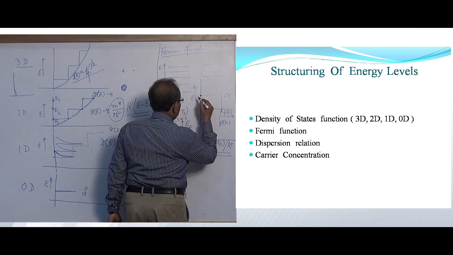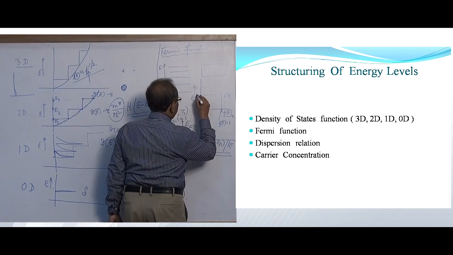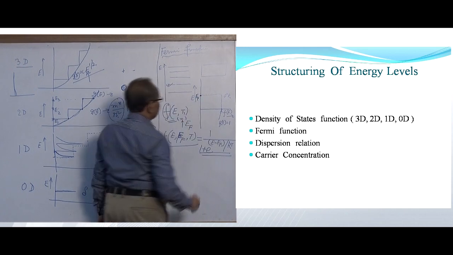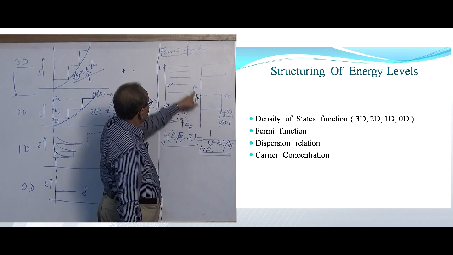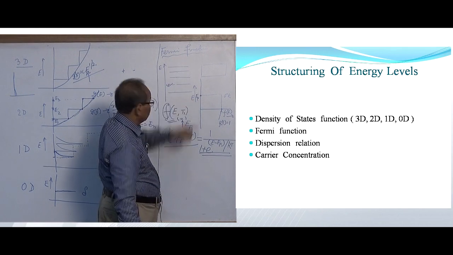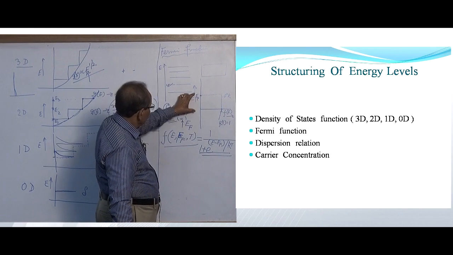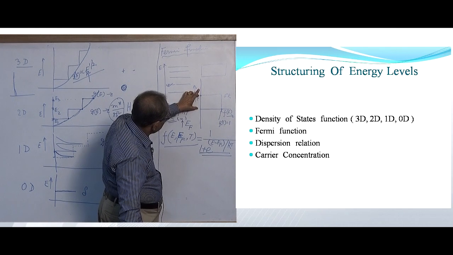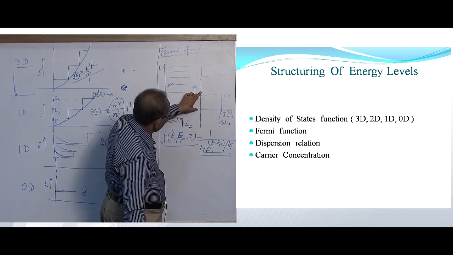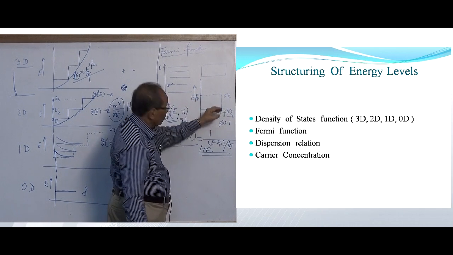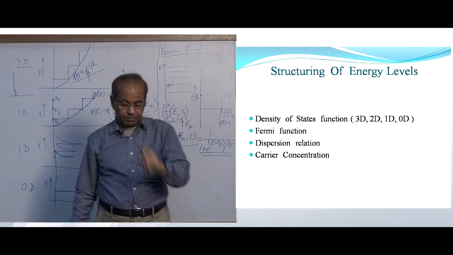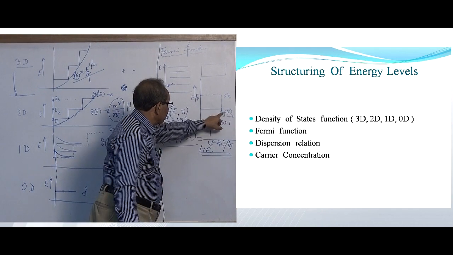This is EF, a particular value EF, which is by honor of again Fermi, it's a Fermi energy. Up to this highest value, from 0 to this, all energy levels are occupied with 100% probability. Probability is 1.